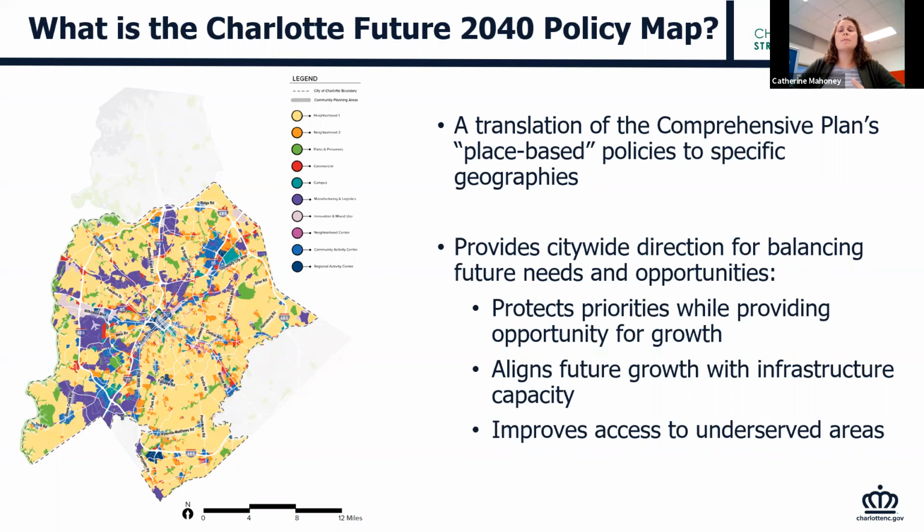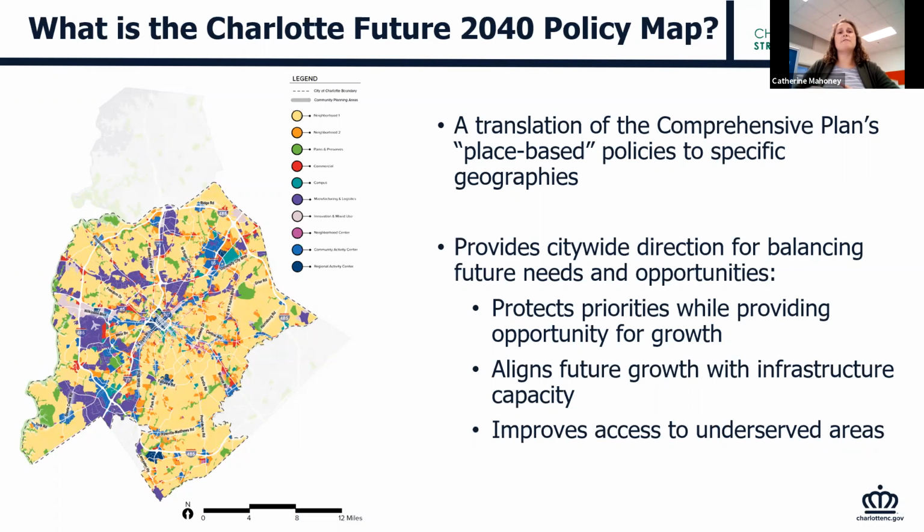So for example, this map is going to ensure that we can accommodate our projected future growth while also protecting features that are important to us, like established neighborhoods and open space. This mapping effort also ensures that we can accommodate our projected growth and align it with existing or planned infrastructure so that we grow more smartly.